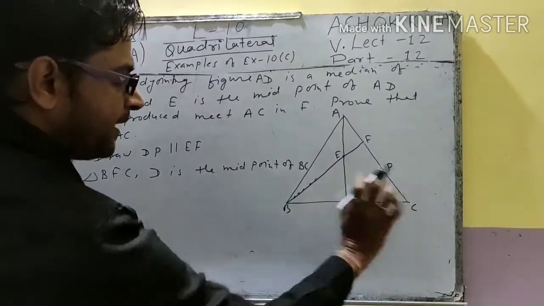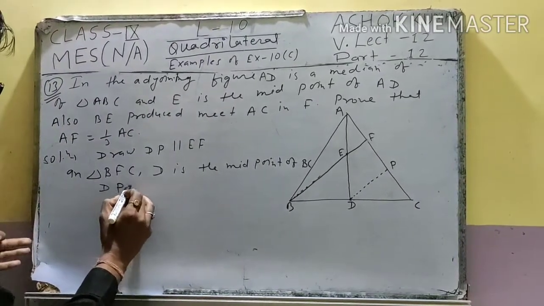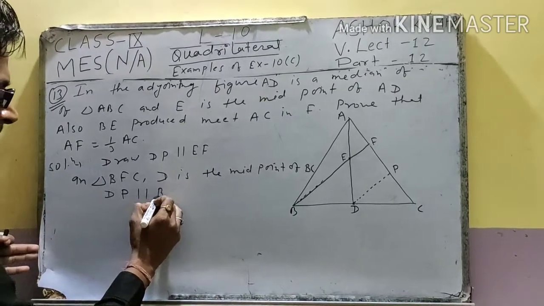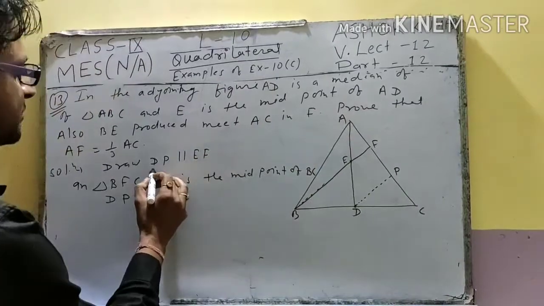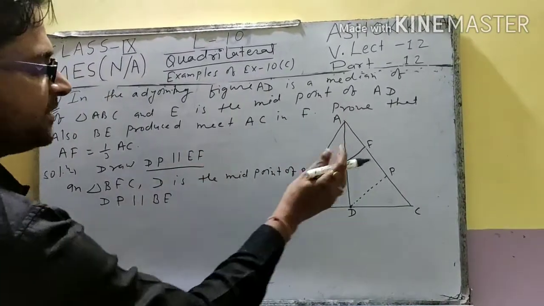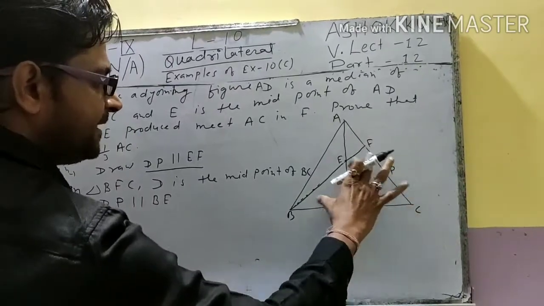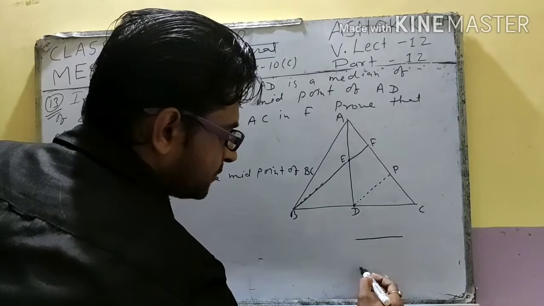D is the midpoint of BC, and DP is parallel to BE. Here, student, DP is parallel to EF. So we can say DP is parallel to BE. Why? Suppose this line is parallel to this line.